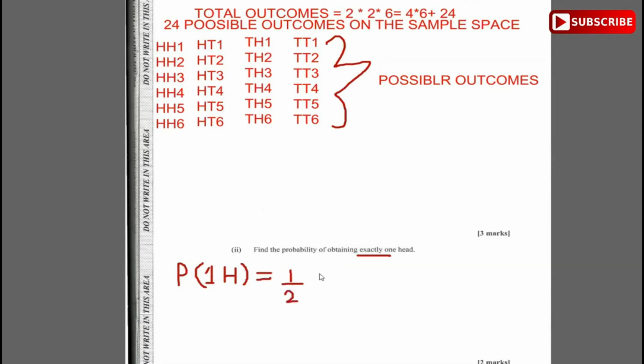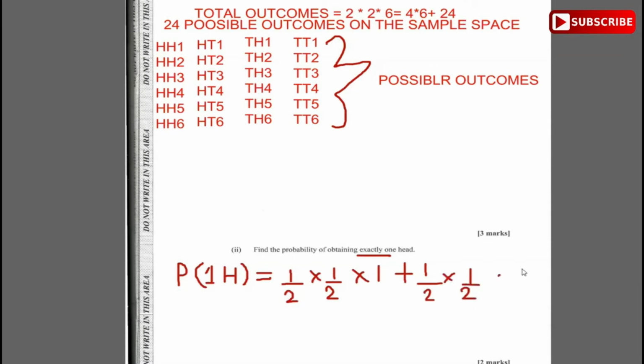That's the probability of getting a head, times, you need to get a tail now, times the probability of getting anything else, which is 1, plus the probability of getting a head on the other die, so it would be 1/2 times 1/2 times 1.